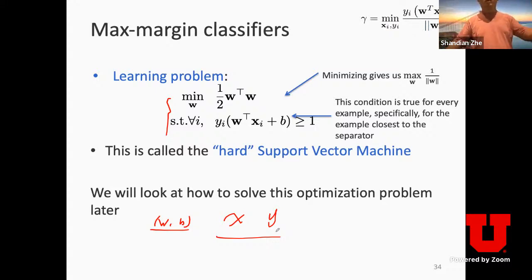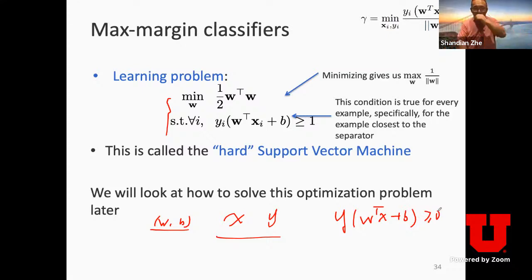We do not need to explicitly take the sign of the score. We can multiply the ground truth label with the prediction score. If this product is non-negative, it means you make a correct prediction.